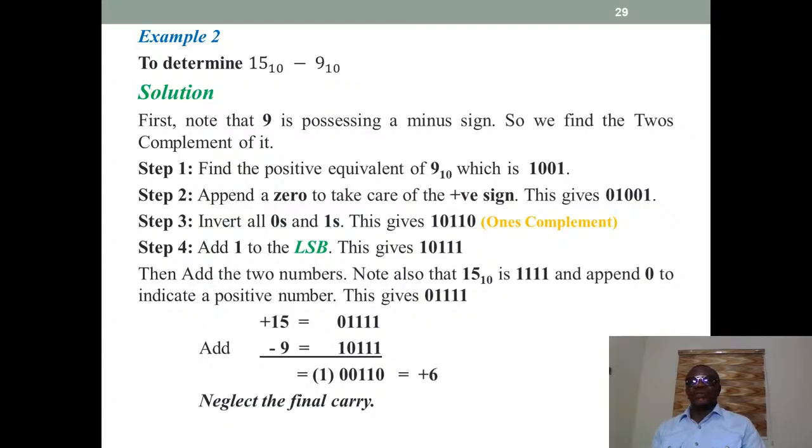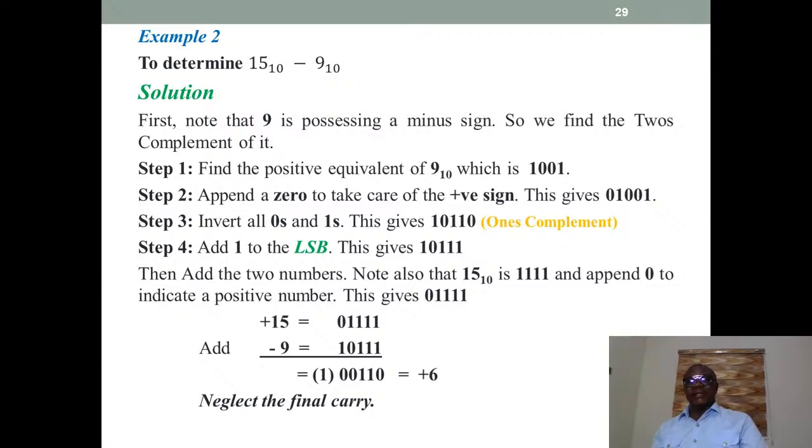So we note also that 15 in base 10 is 1111, and we append a 0 to indicate a positive number. This gives us 01111. So we add the 2. If we add the 2, it gives us 10100110.